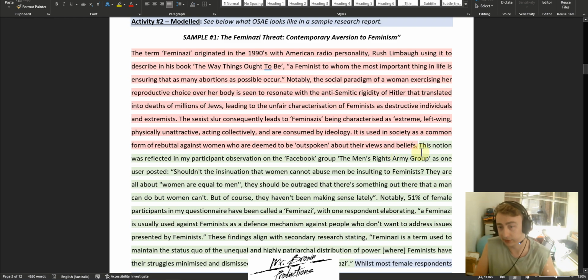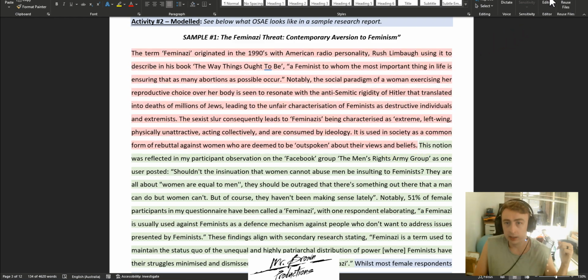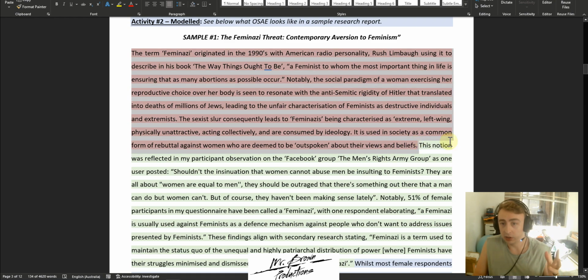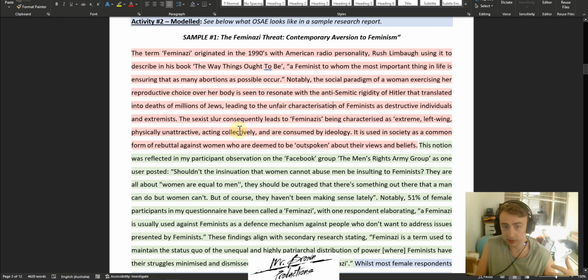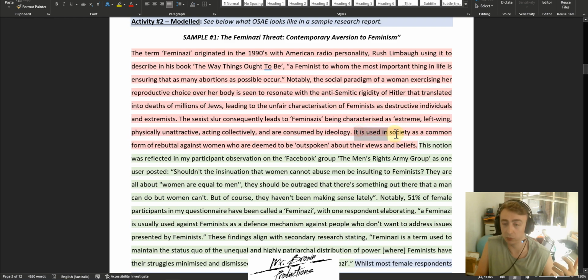So, what this point is outlining very clearly is the main argument of this concept of a feminazi. We've got where it originated, and then in this outline statement, the author of this research report is giving us the idea that feminazis are characterized by this sort of description, okay, and then where it's used.